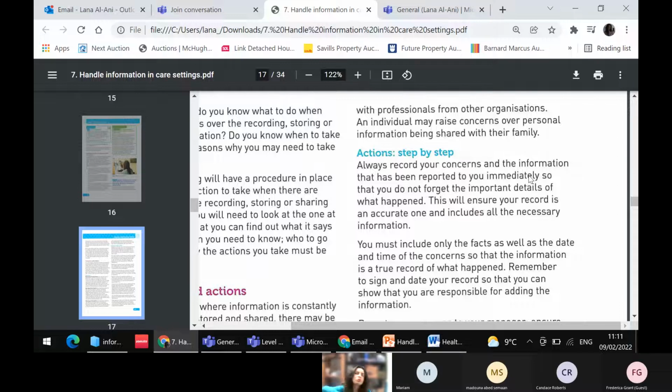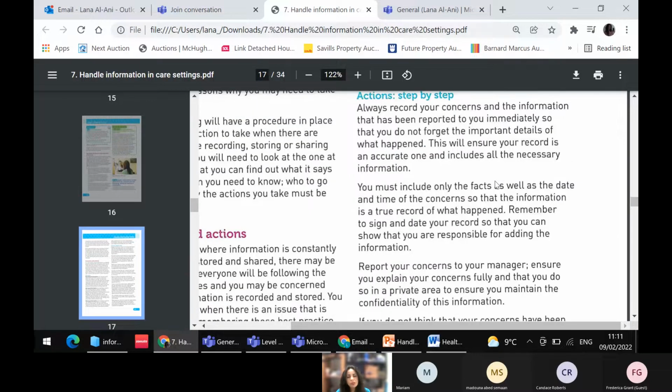First thing I need to do before I go and tell my manager, I need to record it, because I might forget some of the details. So step by step, first of all, I need to record my concerns and the information that has been reported, so I do not forget the important details.